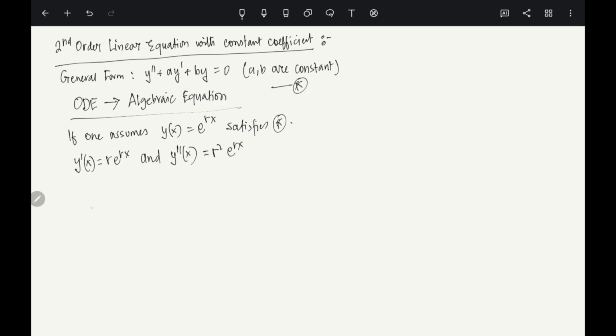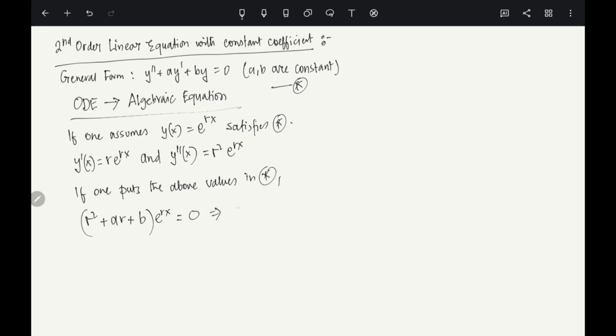Now if one puts the above values in star, what do we get? We get r squared plus ar plus b, times e to the power rx, which equals 0.